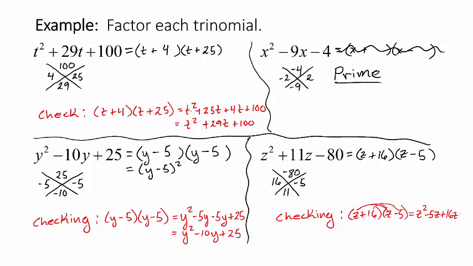And our last will be 16 times negative 5, which is minus 80. So z squared, negative 5 plus 16 is positive 11z, minus 80. That is indeed what we started with.